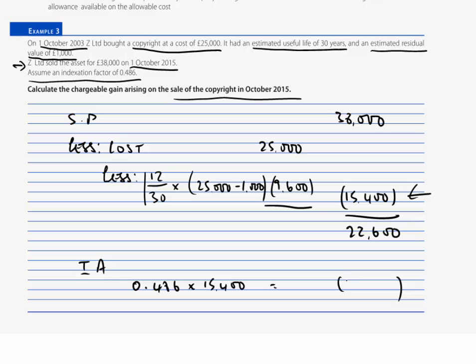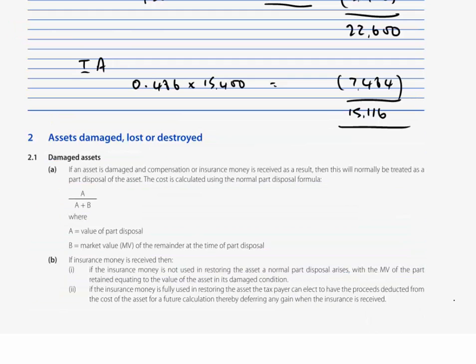Hopefully, if my calculations are right anyway, I got that to £7,484. Take away your indexation and you'll then have a bottom line chargeable gain here, £15,116. So again, the only new component, bringing in therefore the indexation allowance, applying as an indexation factor to whatever you have computed as the allowable cost figure. Again, please, before going any further, check that out with the answer in the back, please.